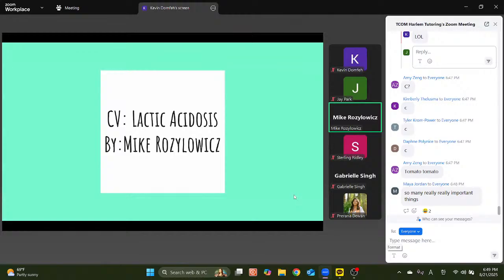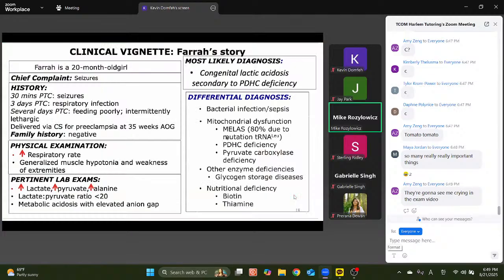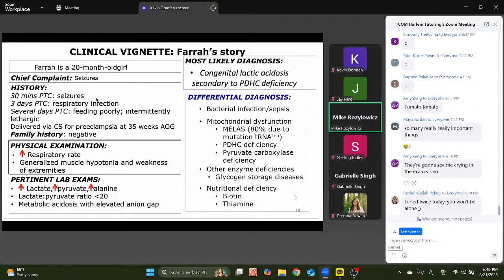All right, now we've got lactic acidosis. This one's pretty simple. Anybody who's ever had really intense muscle cramps after working out knows what it feels like to have lactic acid buildup. In this case, you need to be mindful of the PDHC deficiency.